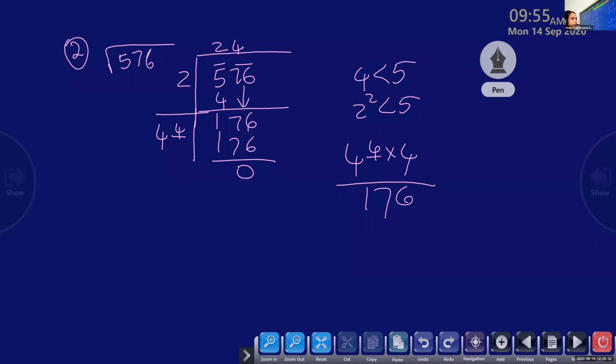So we try which number gives 6. There are no rules for that. By trial and error, you try some numbers. So root of 576 is equal to 24.